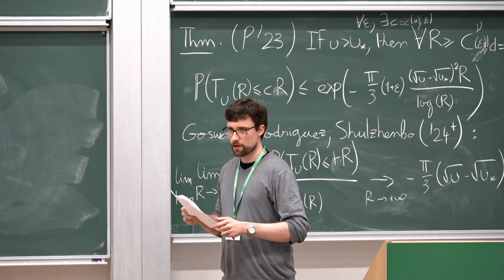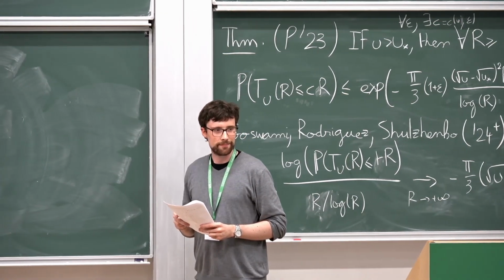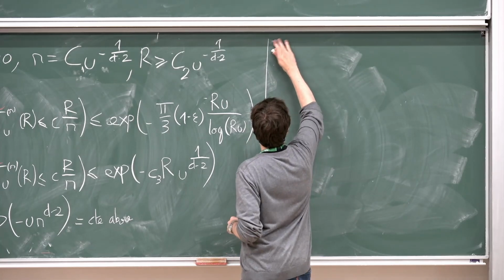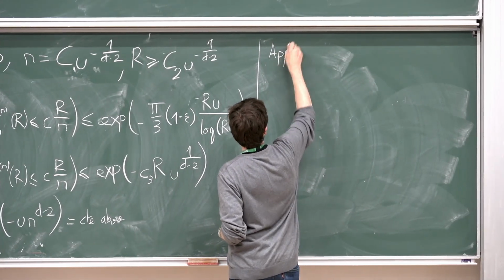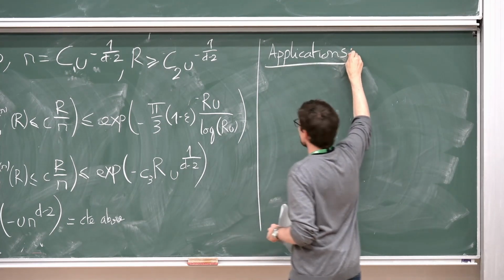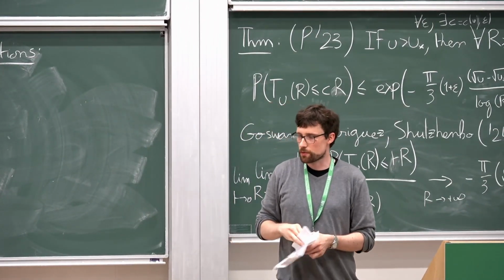Okay, so I have 5 minutes, I guess. 3 minutes, okay. So maybe, so why do I care about this renormalized lattice, apart from the fact that the result is stronger? There are actually some nice applications of this result.